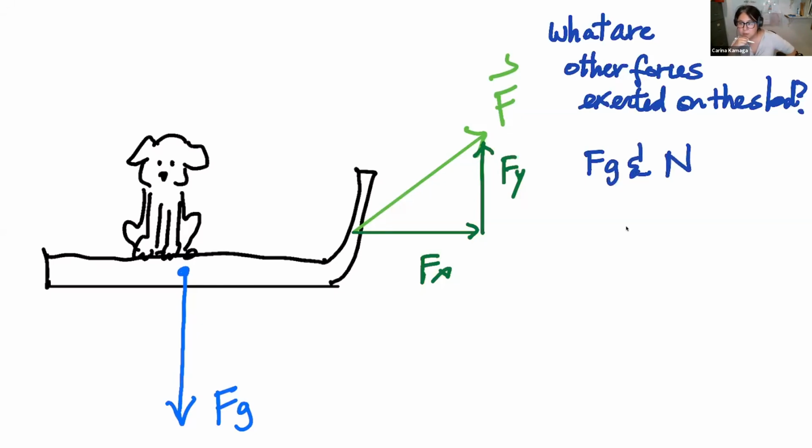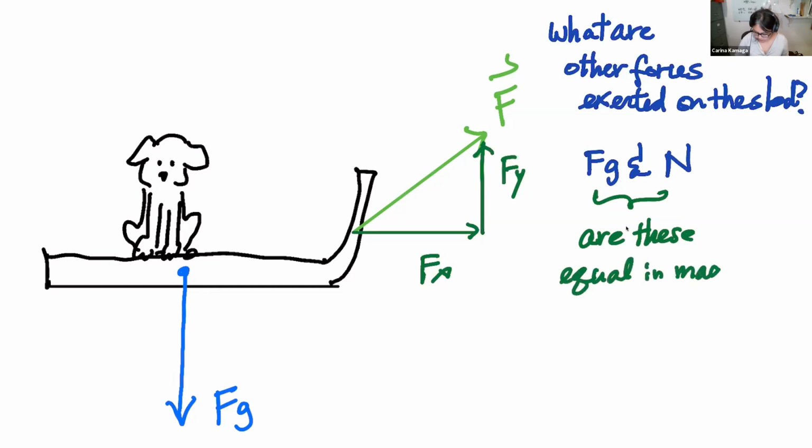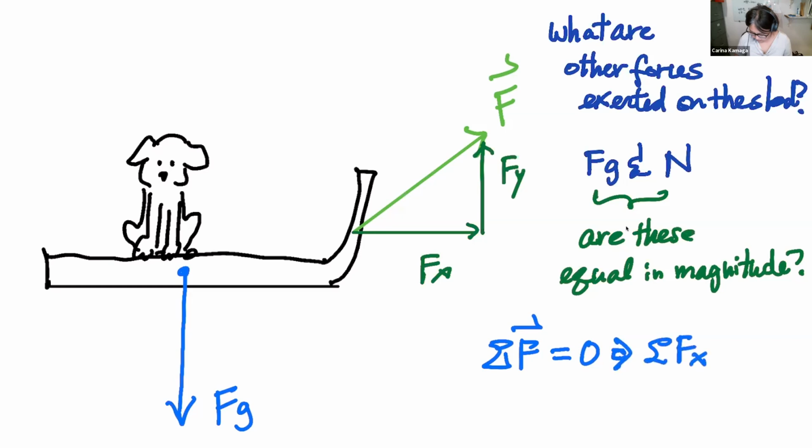But are they equal to each other? Are these equal in magnitude? No, right? Because the normal force now is going to be a little bit less. Consider the net force in the y direction. One good thing about decomposing a vector into two perpendicular components is that if the total net force is 0, that means Fx is 0 and Fy equals 0.